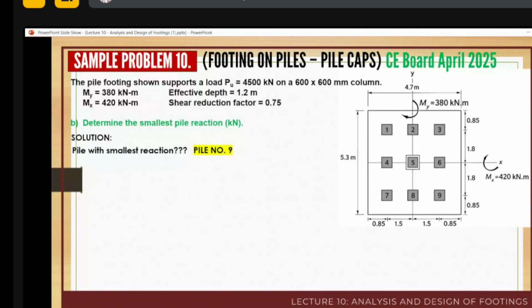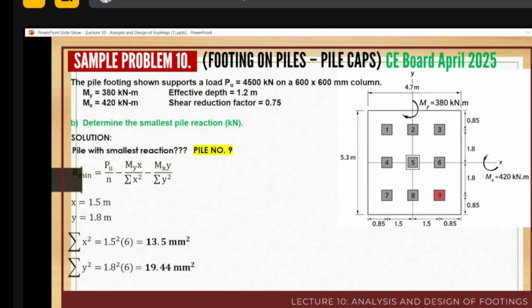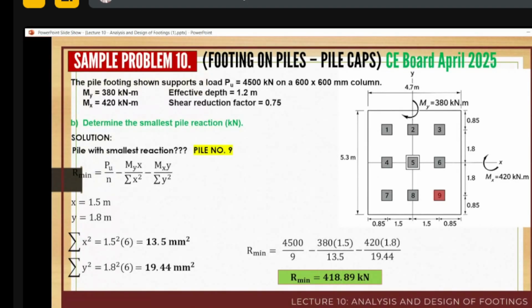Now, where is the smallest? It is at the topmost pile here. The moment arm is based on x, from the side 1.5. So how many x are there? 1.5 squared times 6, and 1.8 squared times 6. So you'll have your minimum equal to 418.89.